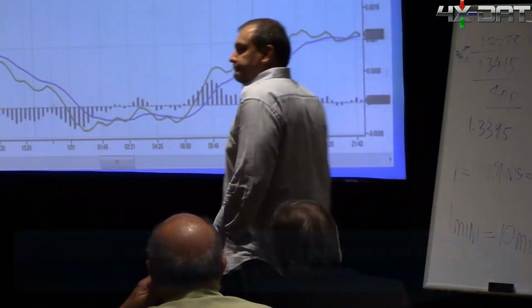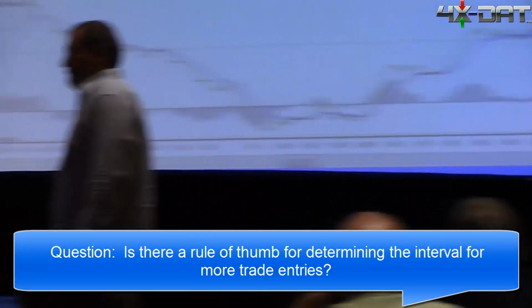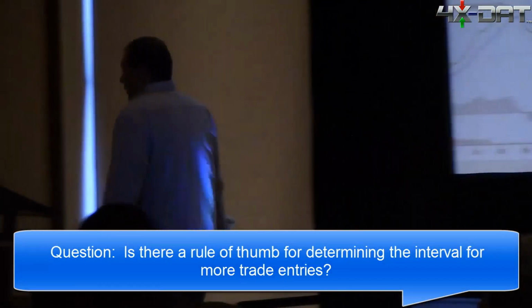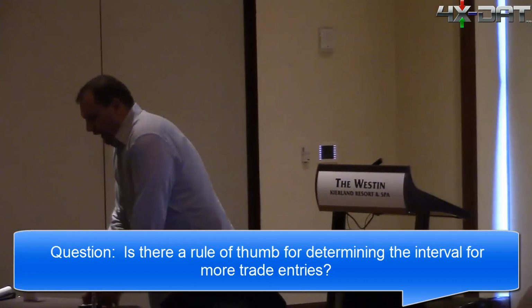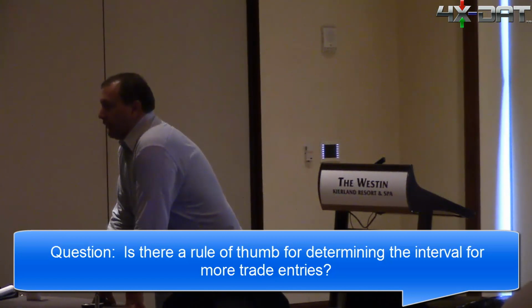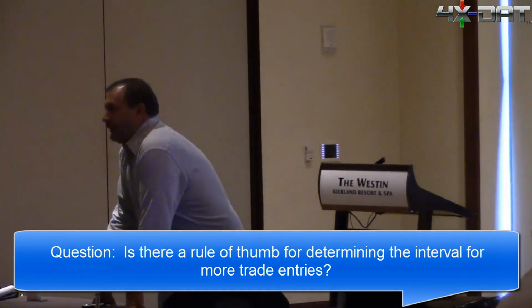So is there like a rule of thumb to define that minimum gap you want between two entries? My rule of thumb is you want to look at the average daily range of a currency pair and divide that by 5, and not have any entry that is less than that.